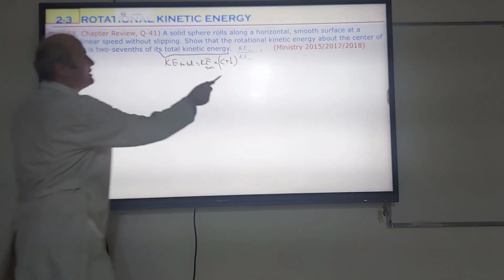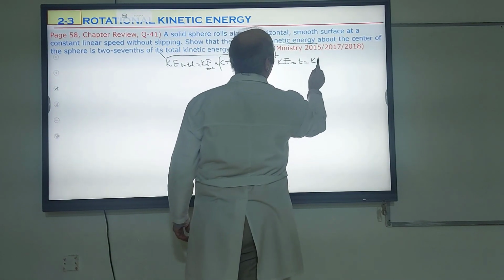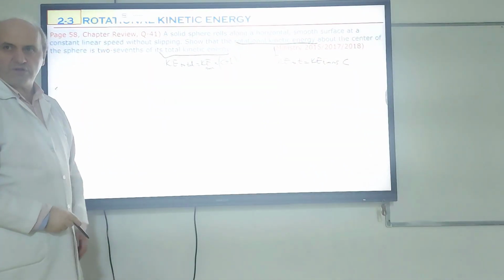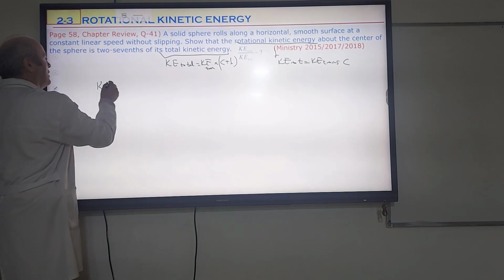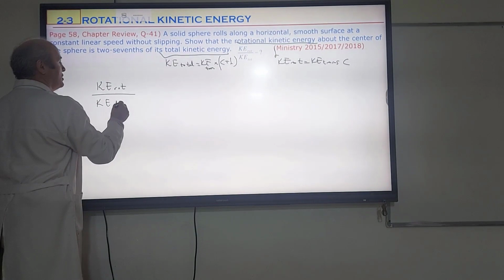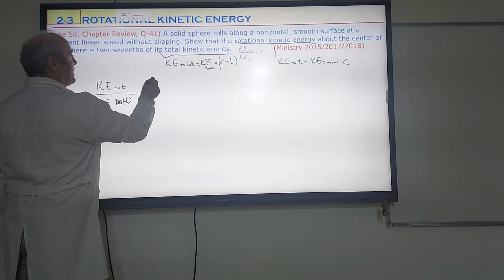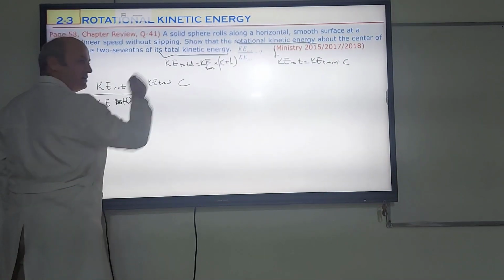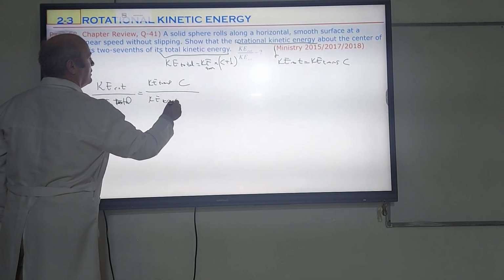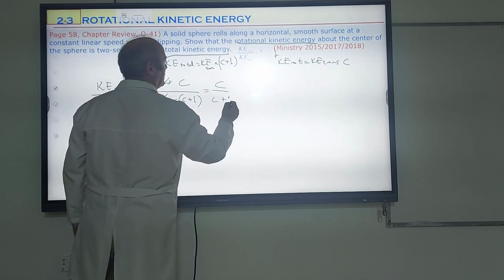And rotational kinetic energy is kinetic energy translational times C. Divide them to get the ratio: kinetic energy rotational divided by kinetic energy total is kinetic energy translational times C divided by kinetic energy translational times (C plus 1). They simplify, and you get C divided by C plus 1.